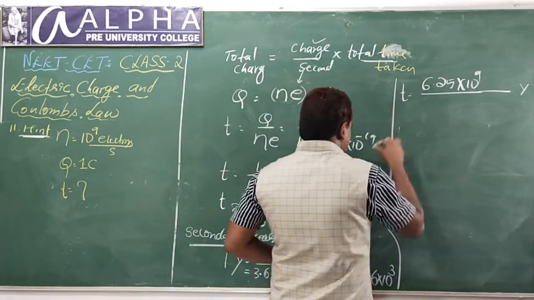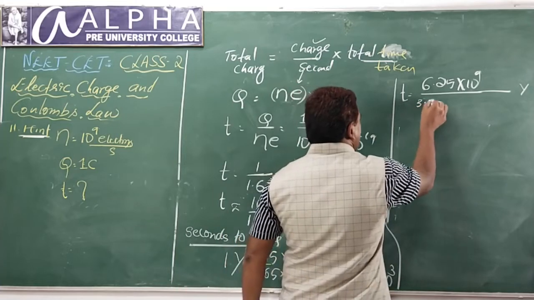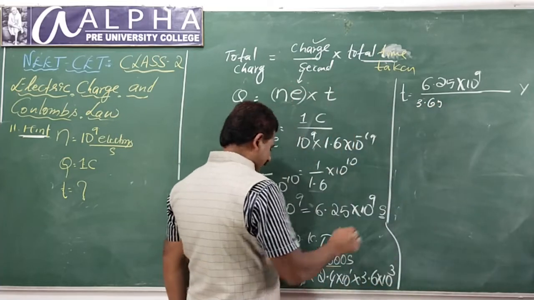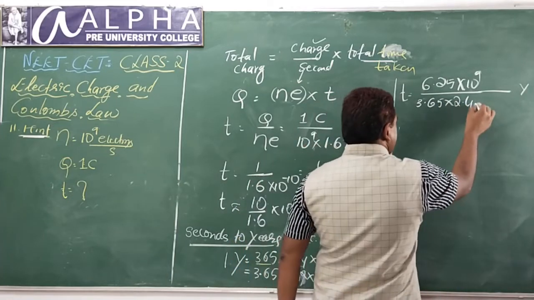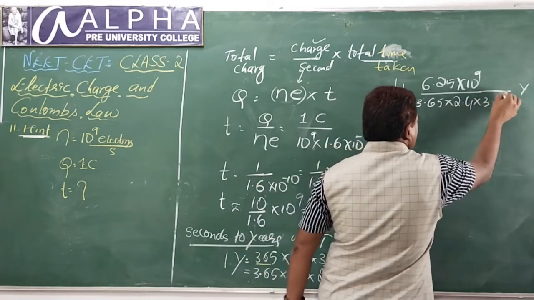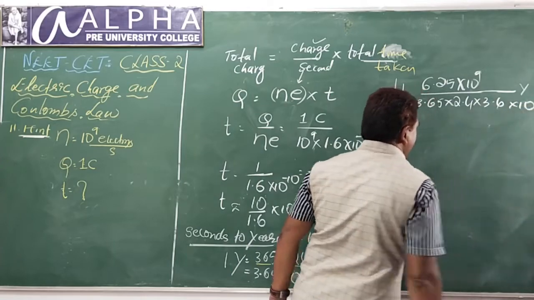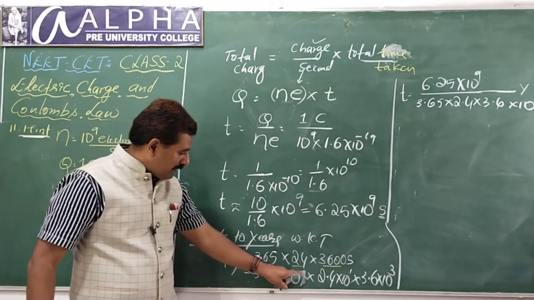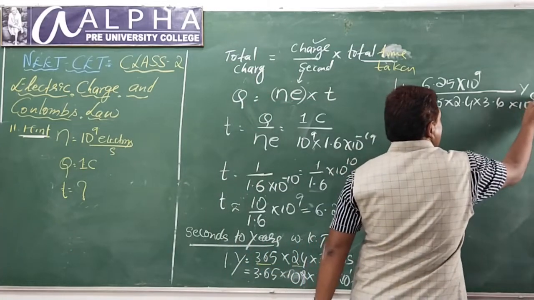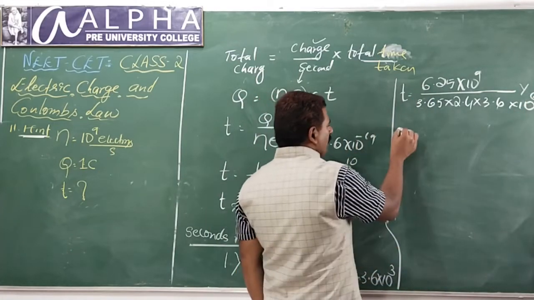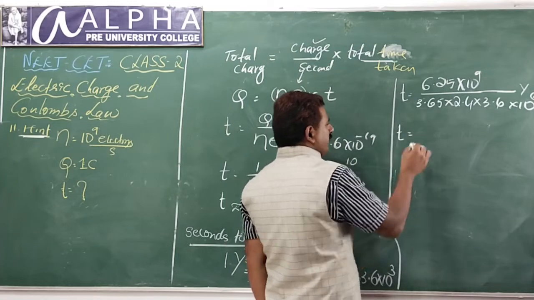Now I'll collect the values. First value is 3.65, the second one is 2.4, and the third one is 3.6. Now add the powers as we did earlier. Power here is 2, 2 plus 1, 3, 3 plus 3, 6. That's it. Very simple. Now, anyway, you're going to approximate to the option, that's why.